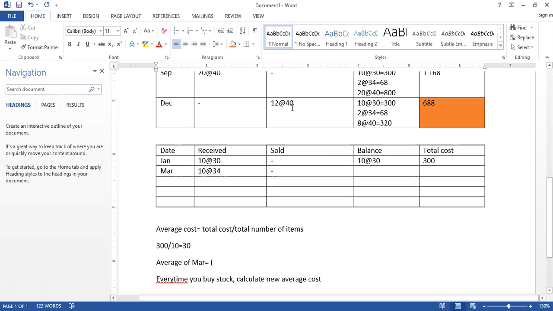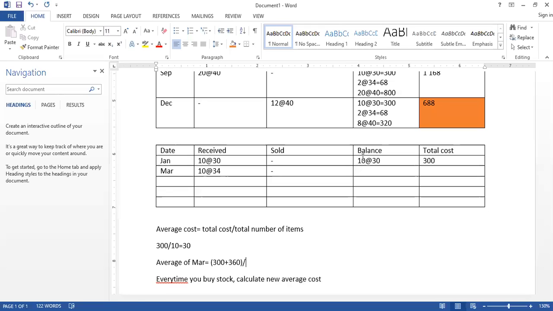So if you check the total cost, the first cost we have is 300, plus the cost of the items that are already in the business, the balance from the previous month, which is 300, and the cost of the new inventory that you just bought, which is 340. Then that will give you your new total cost. And then you divide it by the total number of items you currently have.